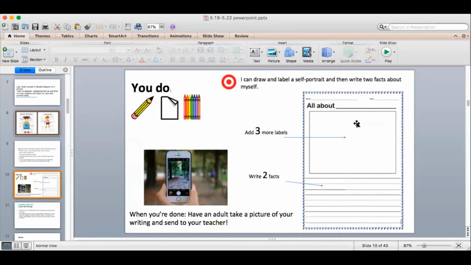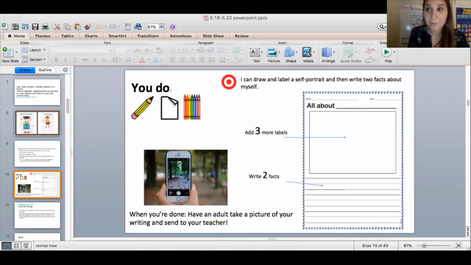So to your picture, add 3 more labels and then write down 2 facts about yourself. And when you are all done, have an adult take a picture of your writing and send it in to your teacher, because we would love to see the work that you are up to.